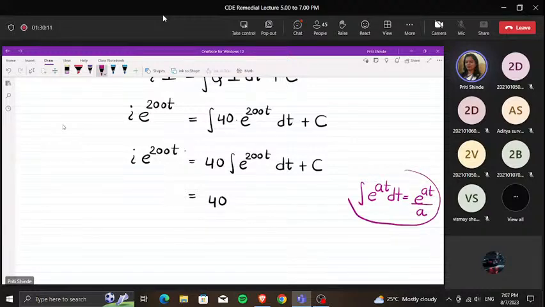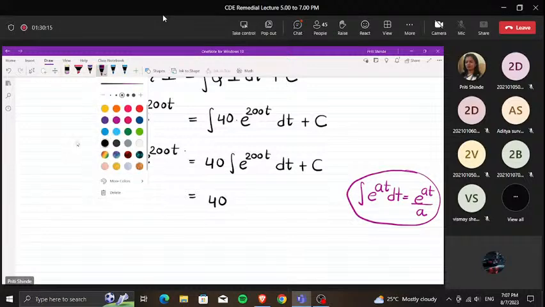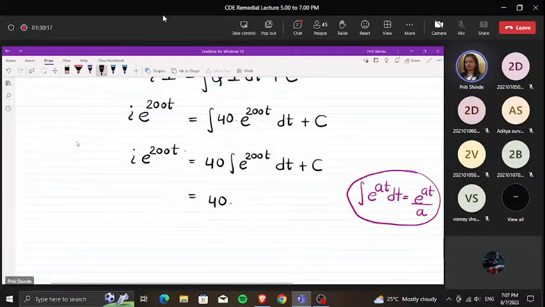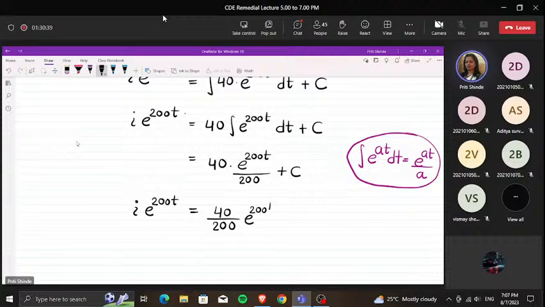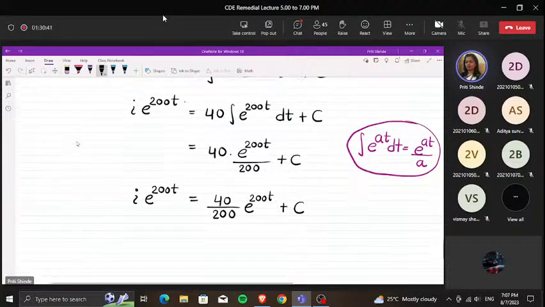So use this formula: the integration of e raised to 200t is e raised to 200t divided by 200 plus c. So the left-hand side is i e raised to 200t equals 40 divided by 200 e raised to 200t plus c.